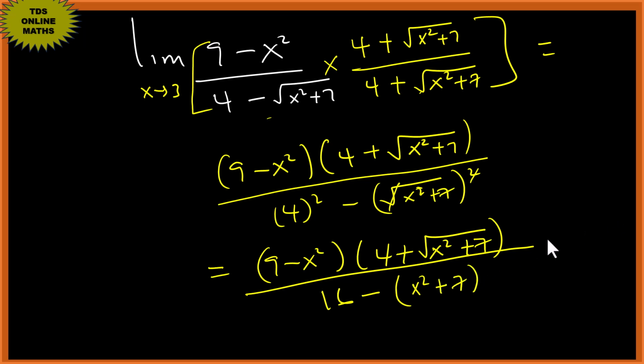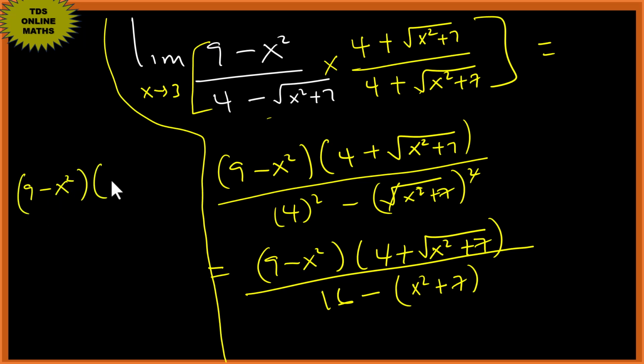So we have 9 minus x squared, 4 plus the square root of x squared plus 7.